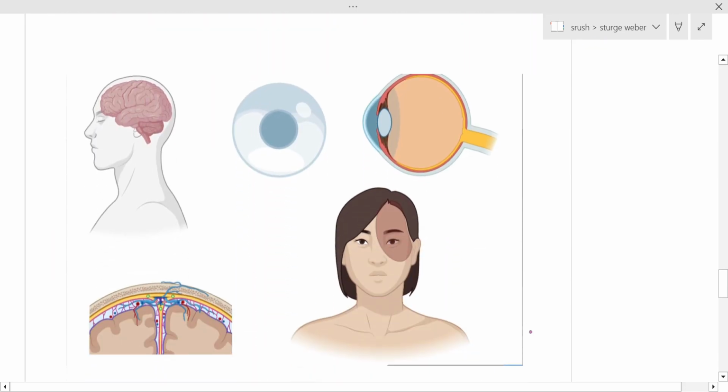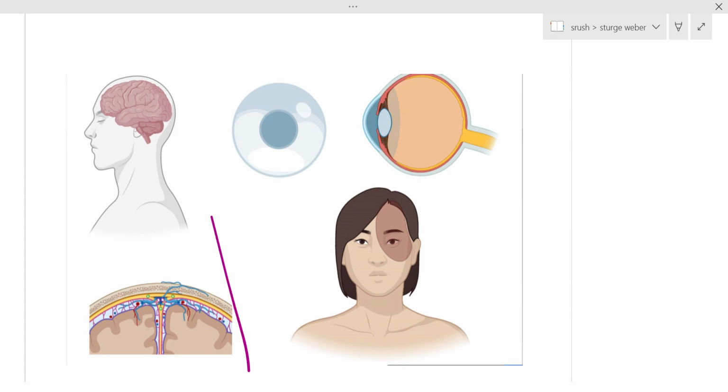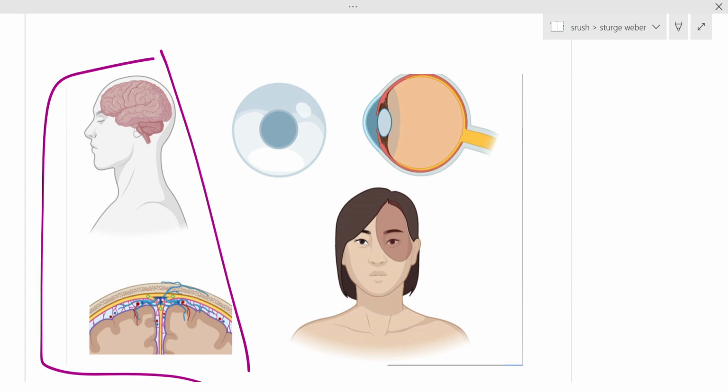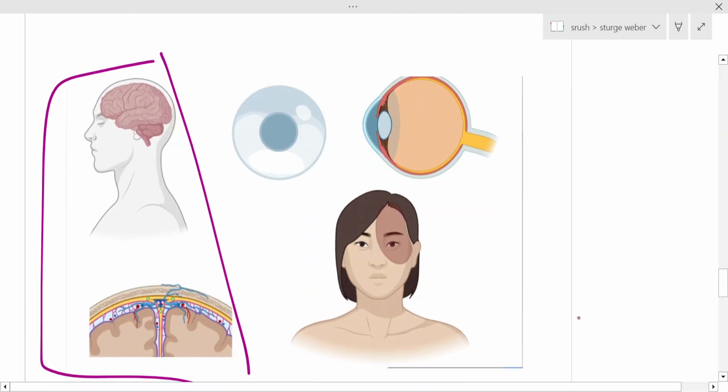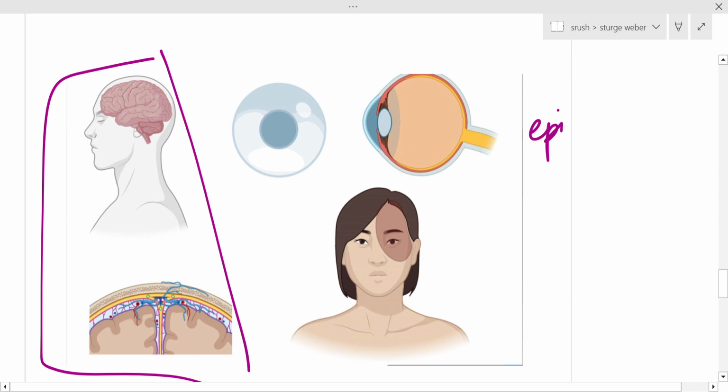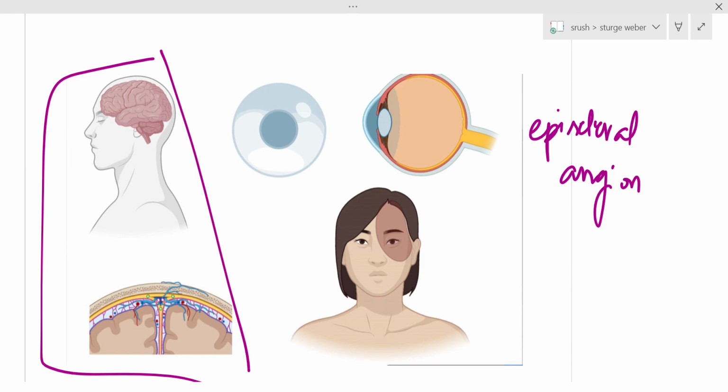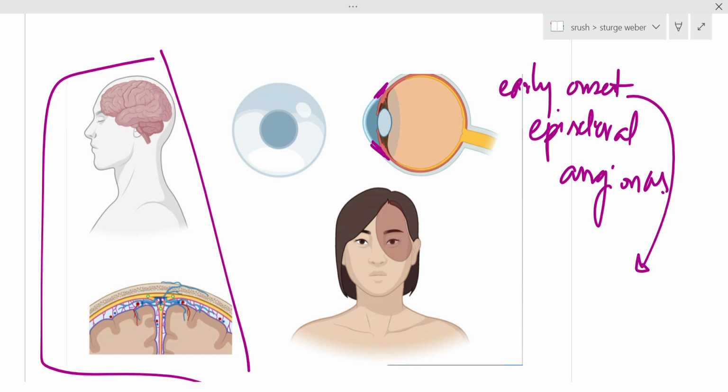Now, that's again the classic triad for Sturge-Weber syndrome. It's going to be leptomeningeal angiomatosis. Oh, I have forgotten to mention the episcleral angiomas that develop, and they can cause early onset glaucoma, right?